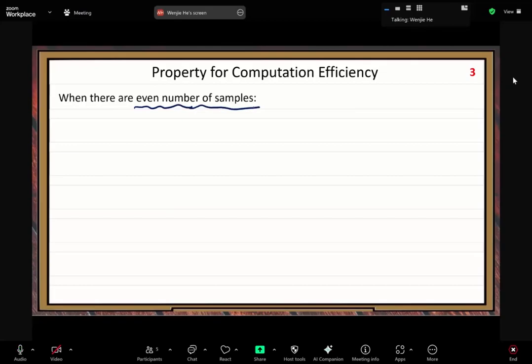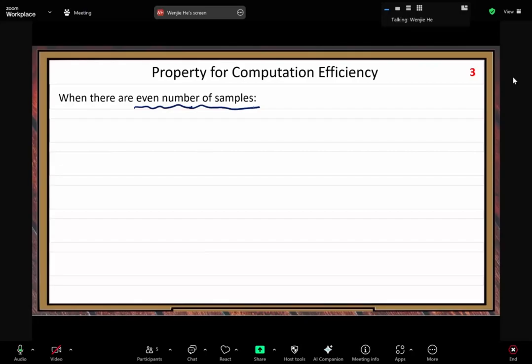But in the real world, when we have an odd number of samples, we add one more zero to make it even. Then we can do fast Fourier transform. We need to find some approximate way to allow us to do it. But in our discussion, we assume there is an even number of samples.